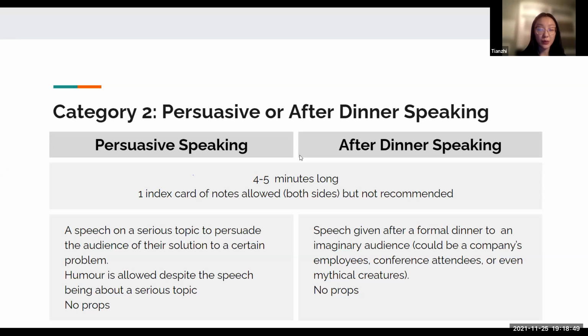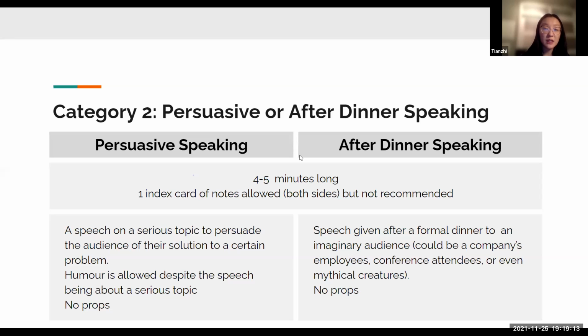You are allowed to bring 1 index card of notes. So 1 index card is basically like that big. You can write notes on both sides, and you are able to use your index card in case you forget where you are in your speech. Despite this being allowed, my recommendation is to try to avoid relying on your index card.